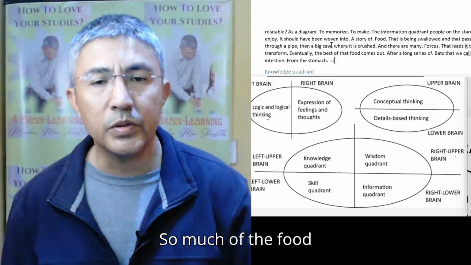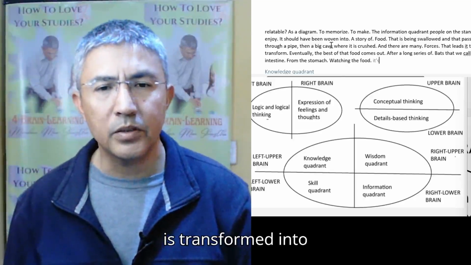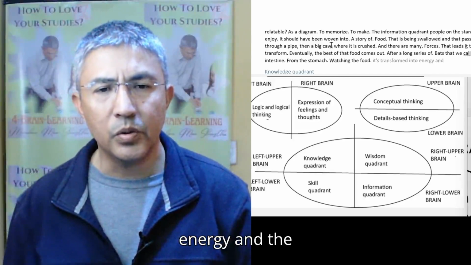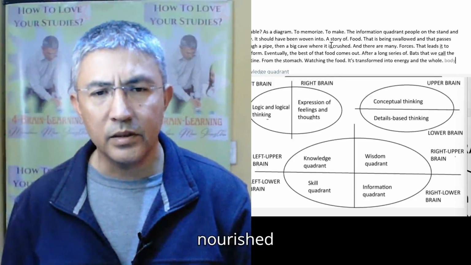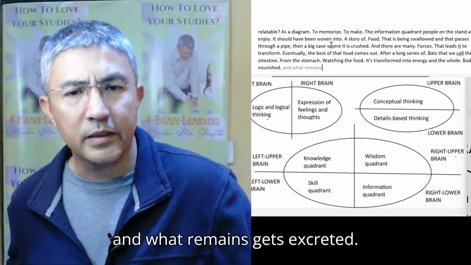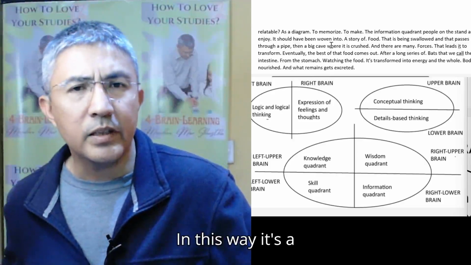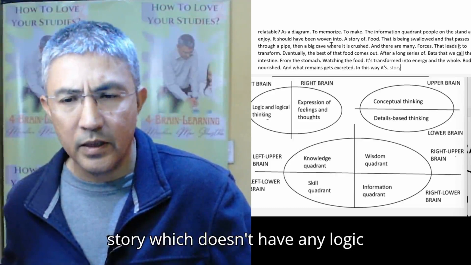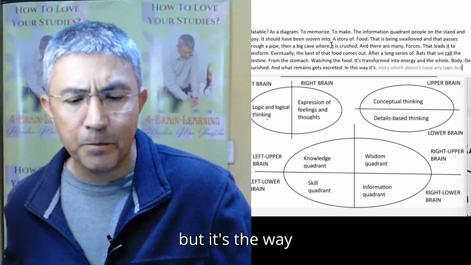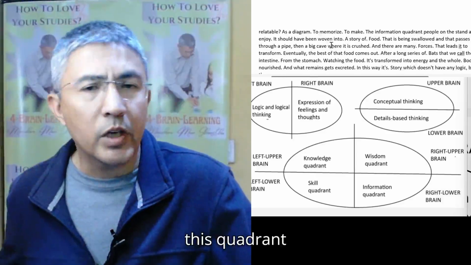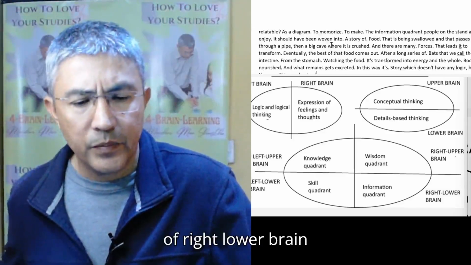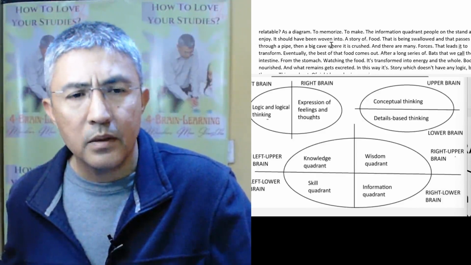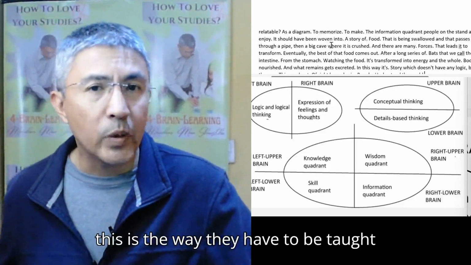So much of the food is transformed into energy, and the whole body gets nourished, and what remains gets excreted. In this way, it's a story which doesn't have any logic, but it's the way this quadrant of right lower brain people understand the world. This is the way they have to be taught.